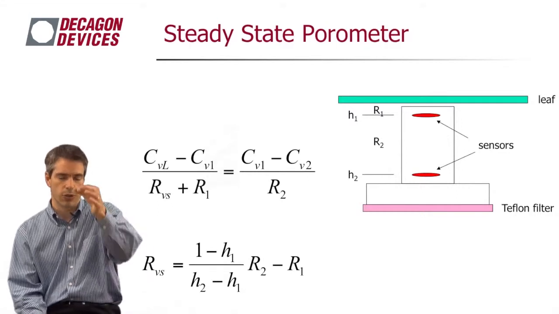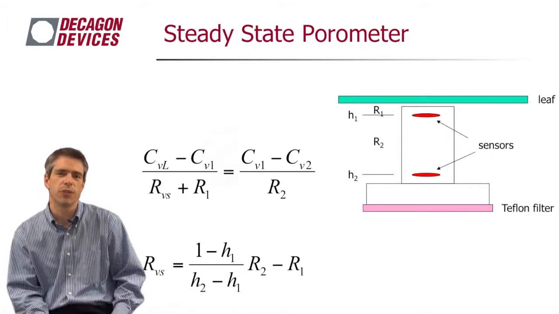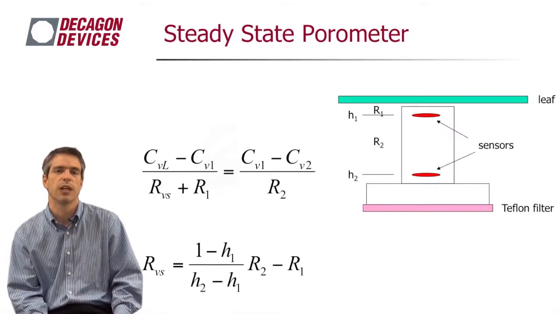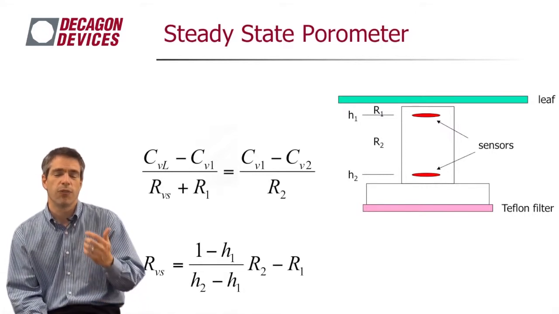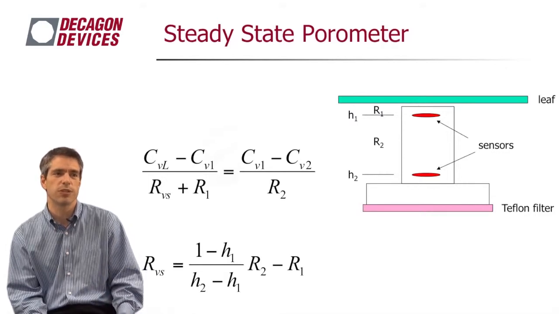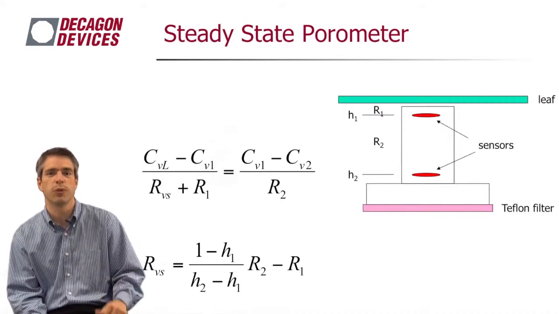It travels through a little cylinder pathway and then through a Teflon filter that's shown there. And that Teflon filter has no resistance to vapor flow. If we measure the humidity and the temperature and the humidity at 2 points along the path, and the leaf temperature, we can rearrange all those measurements to get RVS, or 1 over RVS, which would be the stomatal conductance.